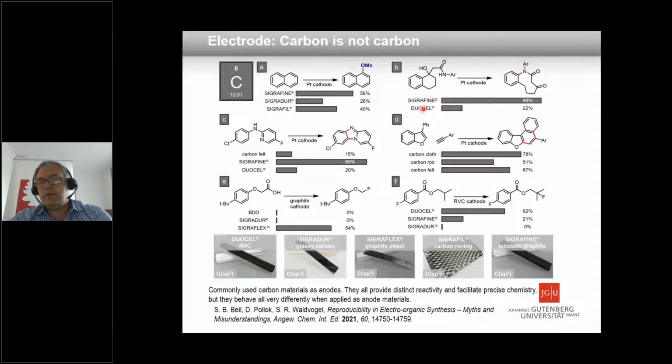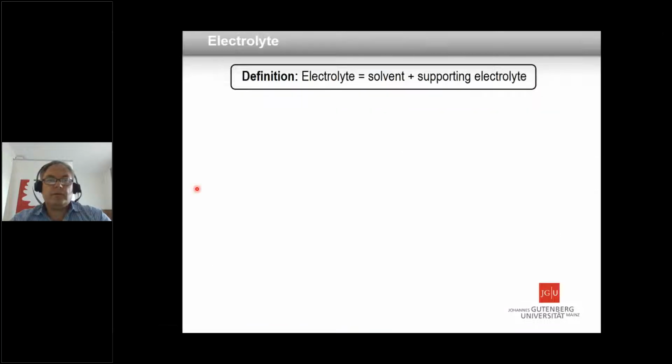If you look at that, you see Sigrafine Duracell is much better than this carbon system here. The reason is that carbon consists of sp3 and sp2 carbon, and even the mixture of it could be crucial for the reaction to work. Therefore, it makes sense to test different carbon versions.